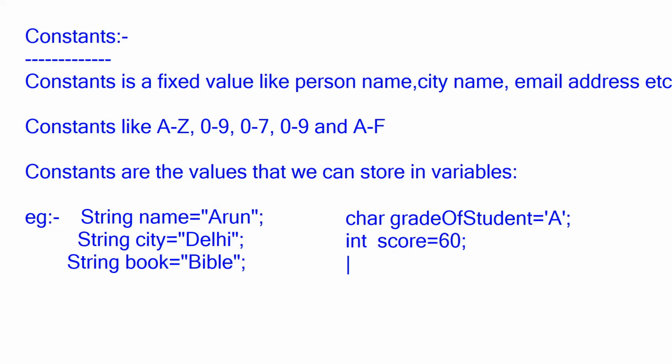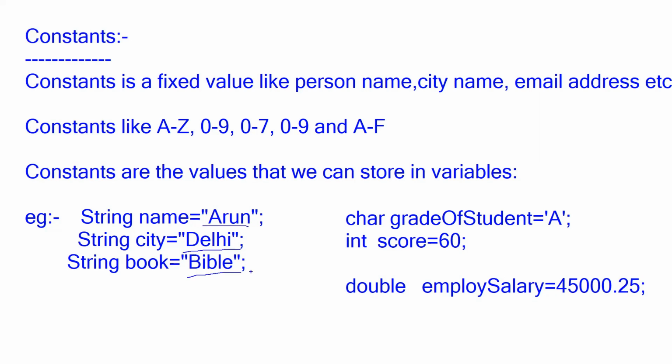That is also a constant. So like this, you will be storing the constants into the variables. Let us say double employee salary 45,000.25. So this is the salary of an employee. This way you are storing different types of constants into the variables.